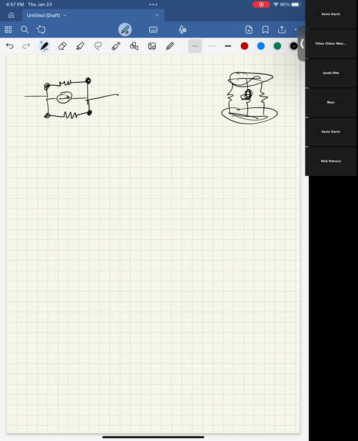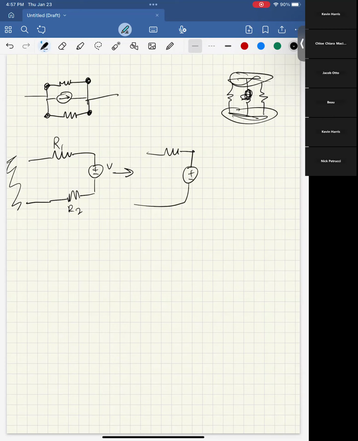One other thing, the same idea goes for things in series. If I have a resistor here, a voltage source here, and a resistor here, and some other stuff over there, even though this voltage source is in the way, this can still be simplified to something like this.